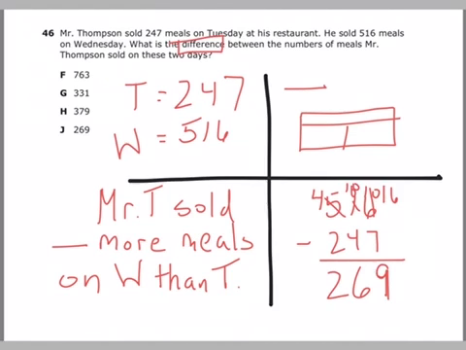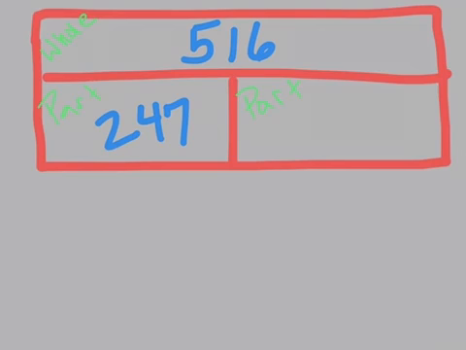So now let's use a strip diagram to check on that. We know that the whole that we're comparing against is 516. The part that we know about is 247, and the part we got was 269.